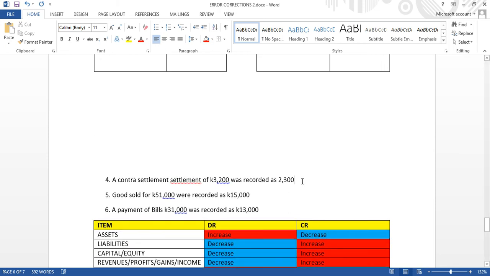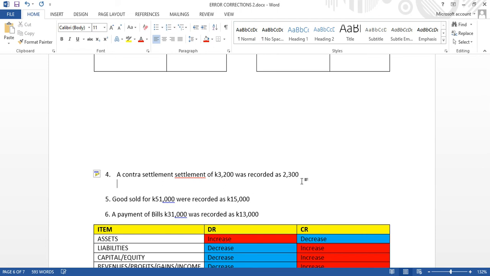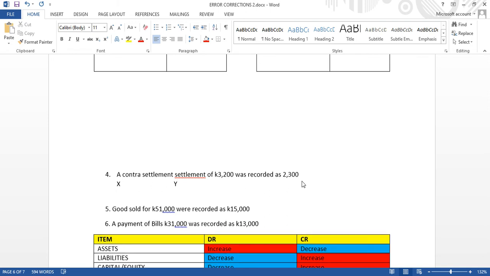A contra settlement is a situation where you have a receivable and a payable, each owing the other money. Let's say, for example, we have two people, X and Y. X owes Y 5,000 and Y owes X 7,000.